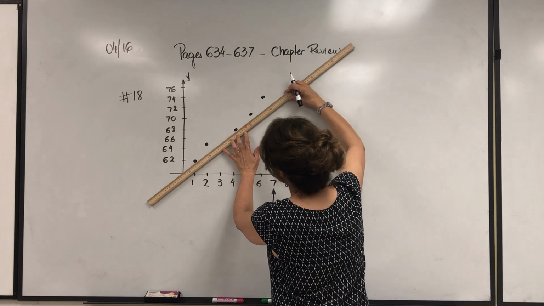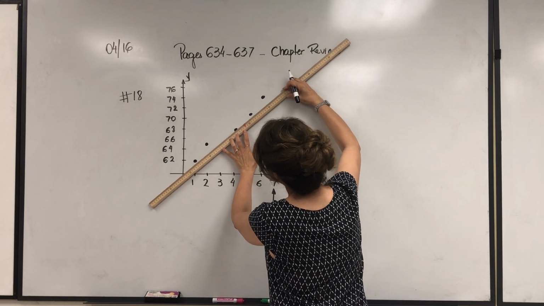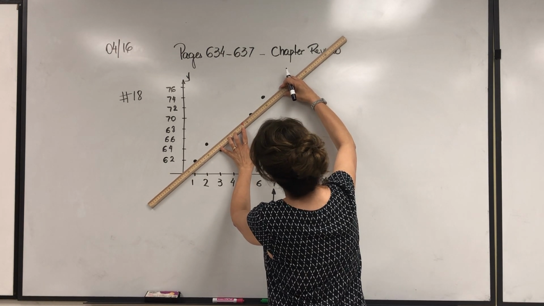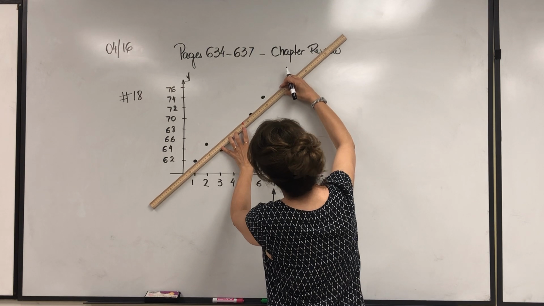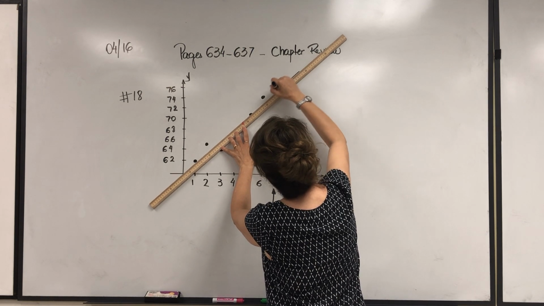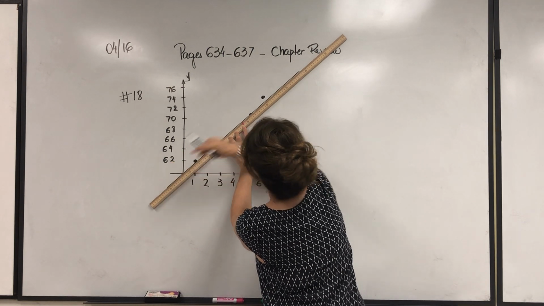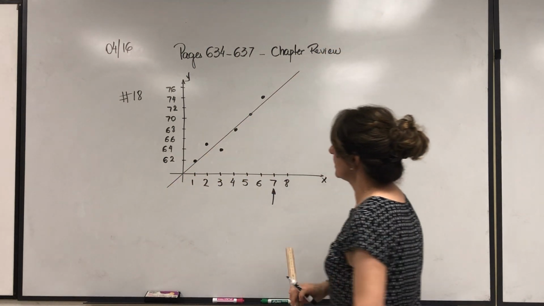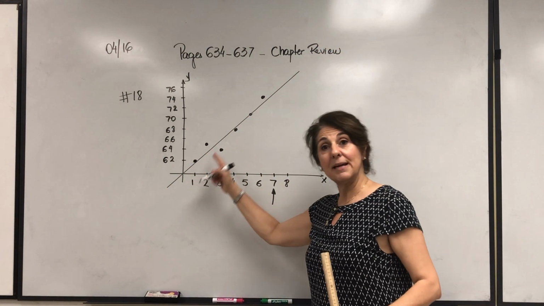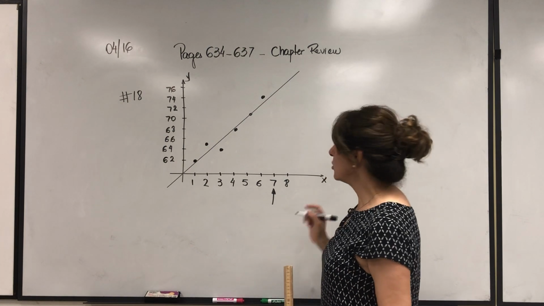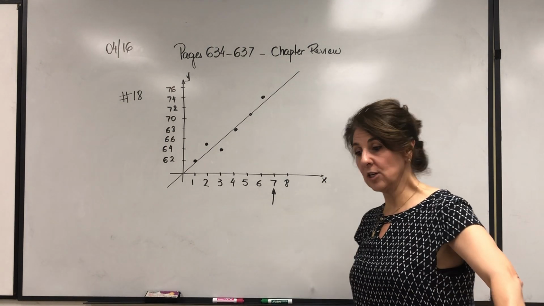So here we go. Let's try to get as many points as we can. Look at this. The line of best fit that I drew over here can show my prediction for year 7.